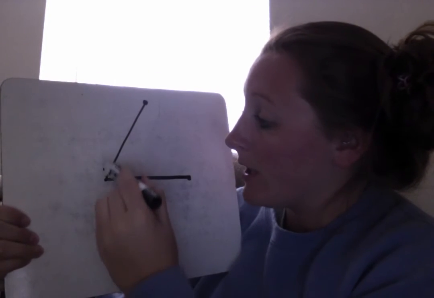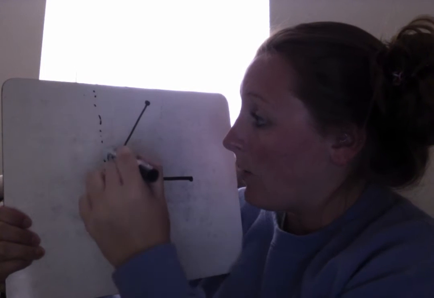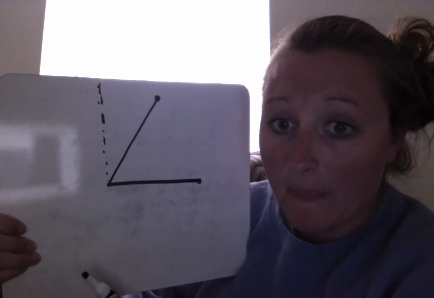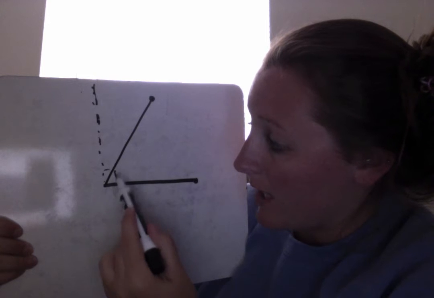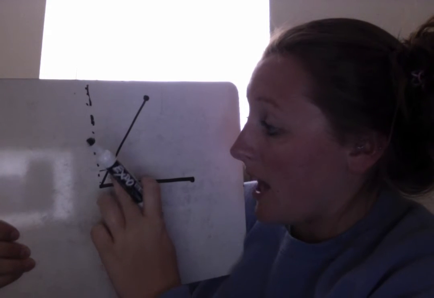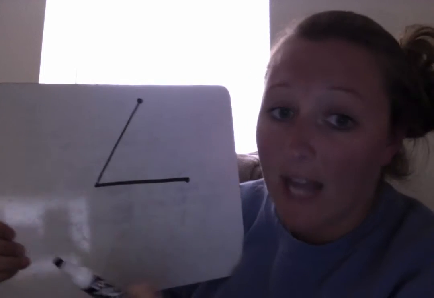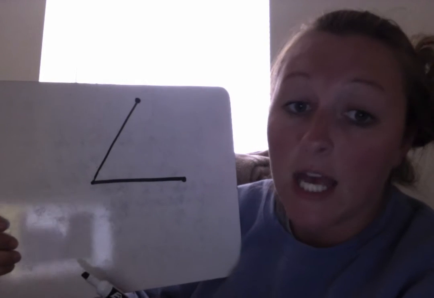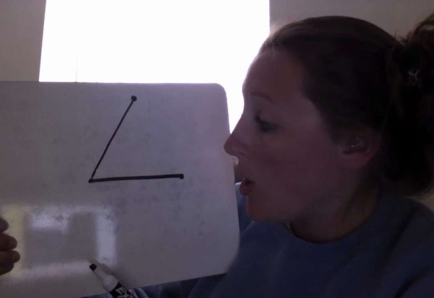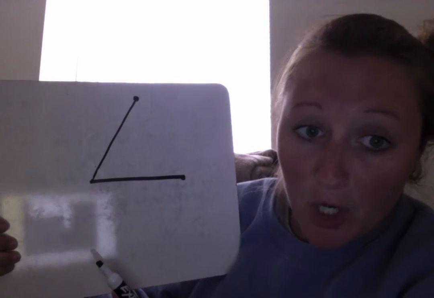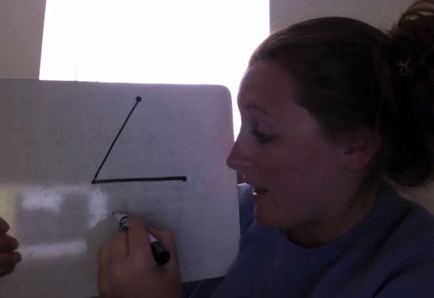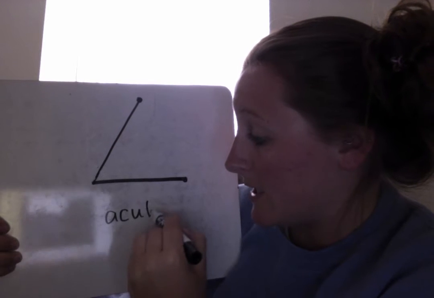The 90 degrees will kind of look like this, okay, because it has that little box right here, but this clearly does not have the box there, so this is going to be less than 90, and we know that if an angle is less than 90 degrees, it's an acute angle. So that's a big part of using a protractor right there is knowing that this is an acute angle.